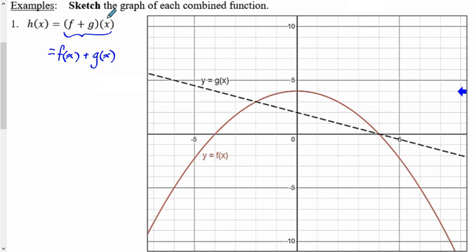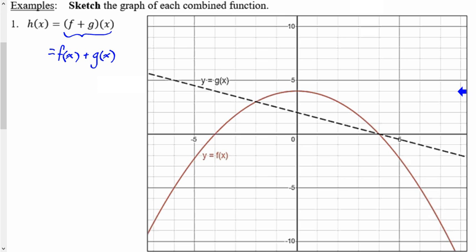And if you look at it and say, oh, I'm just going to take this x and distribute it in, that's not what's happening. So it's not being distributed in, it's just a notation. So when you see this notation at the top here, f plus g of x, it means we're going to take the f of x function and we will add the g of x function to it.